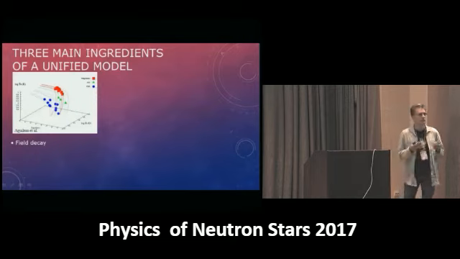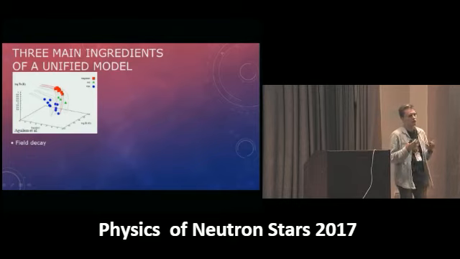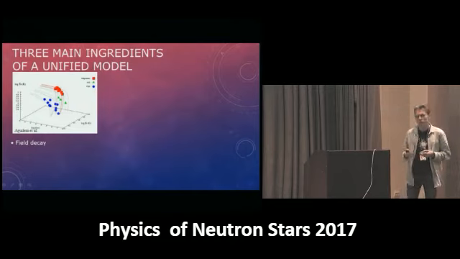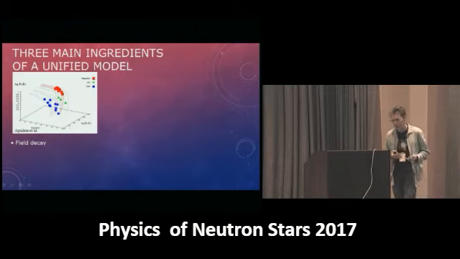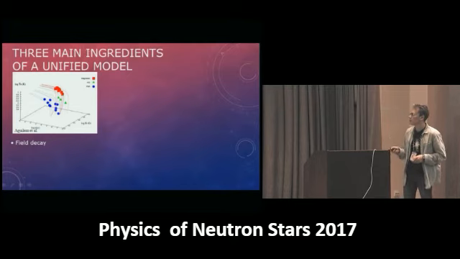The first is, of course, the field decay. It does not only explain the evolution of magnetars, which are definitely living on magnetic field energy, but it also helps to explain, for example, X-ray dim isolated neutron stars, this Magnificent Seven, which are most probably remnants of magnetars.